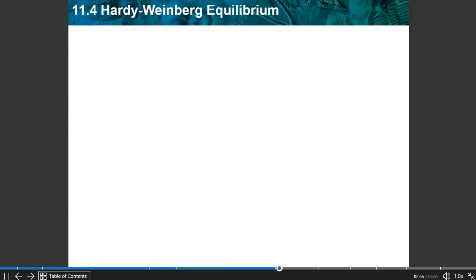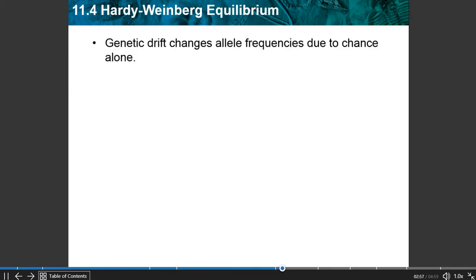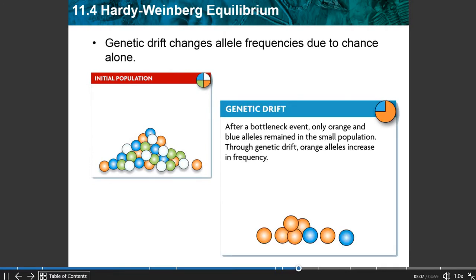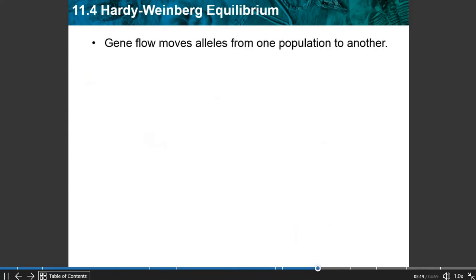The 5 factors that can lead to evolution are, first, genetic drift, which changes allele frequencies due to chance alone. So in genetic drift after a bottleneck event, only orange and blue alleles remain in that small population, and the orange increases in frequency.